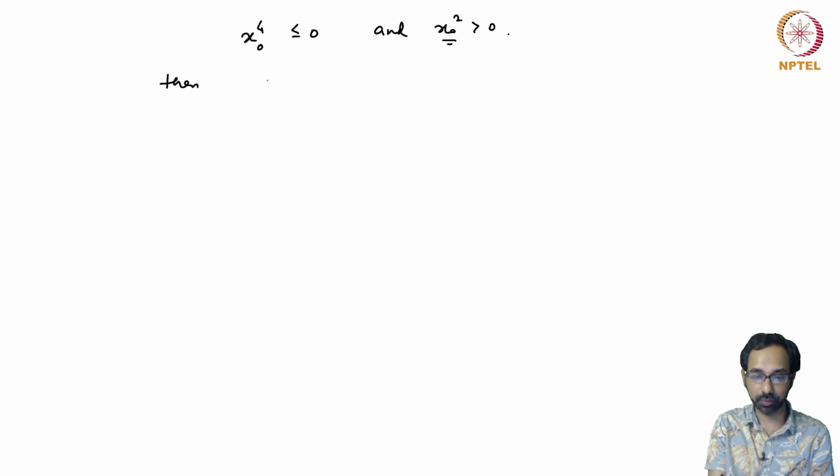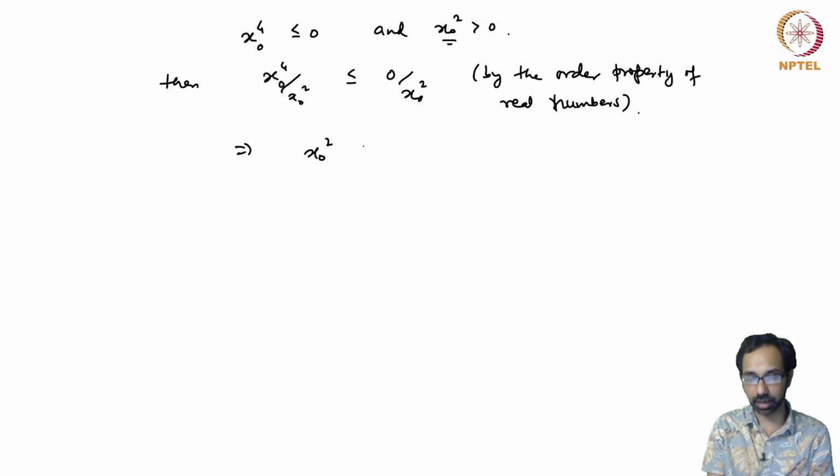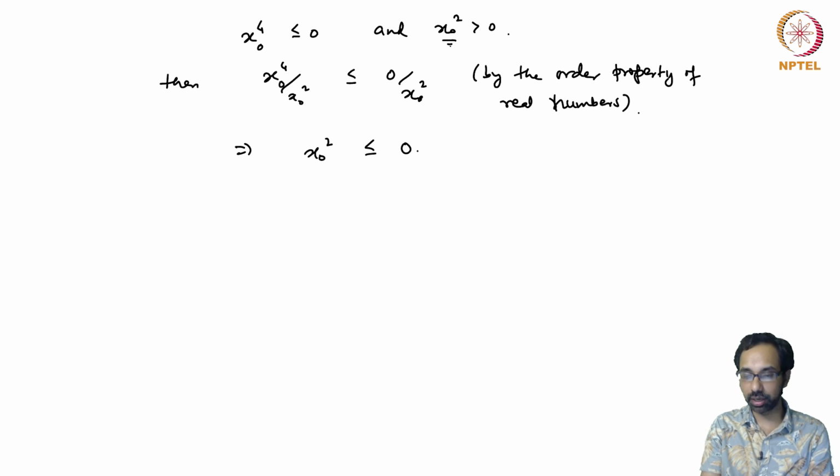So x naught to the power 4 by x naught square is less than or equal to 0 by x naught square. Okay, again by the order properties of the real numbers. And here you get x naught square. This implies that x naught square is less than or equal to 0, which directly contradicts the fact that x naught square is greater than 0.